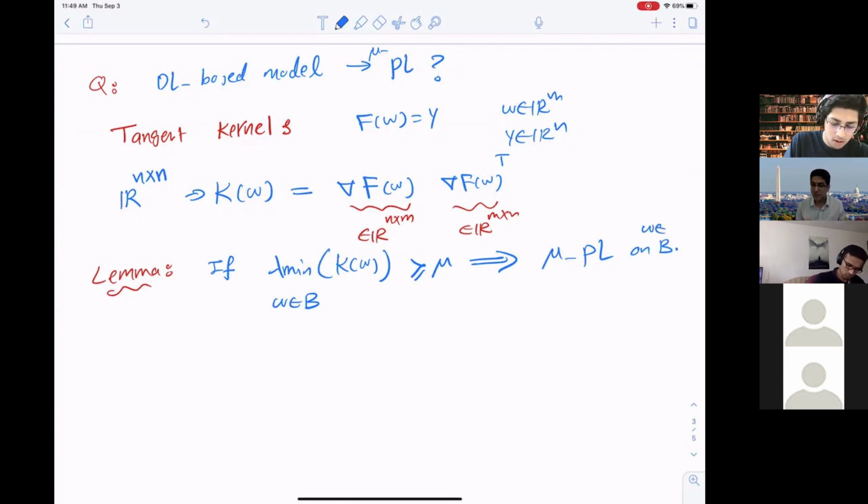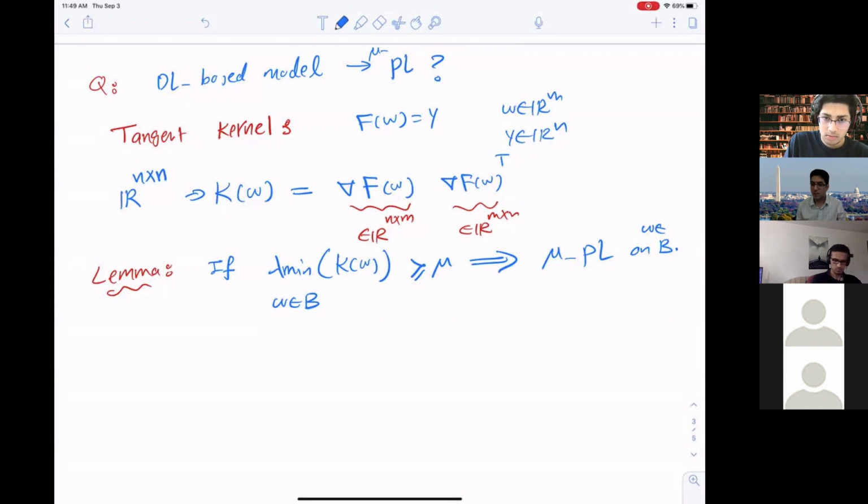So basically, in order to show that a system of nonlinear equations satisfies the PL condition, and therefore, if I minimize the loss function with gradient descent, I'll have convergence to my W star.